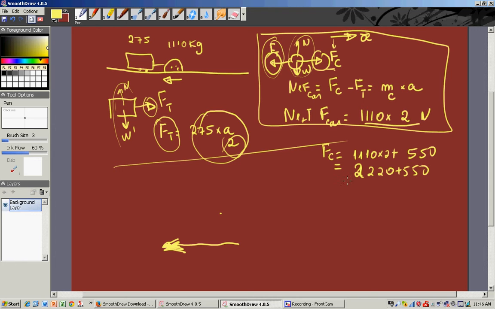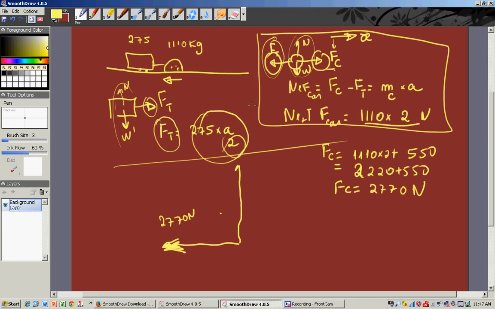So this is equal to 2220 plus 550. So Fc, the force the Earth exerts on the car, is equal to 2770 newtons, right?